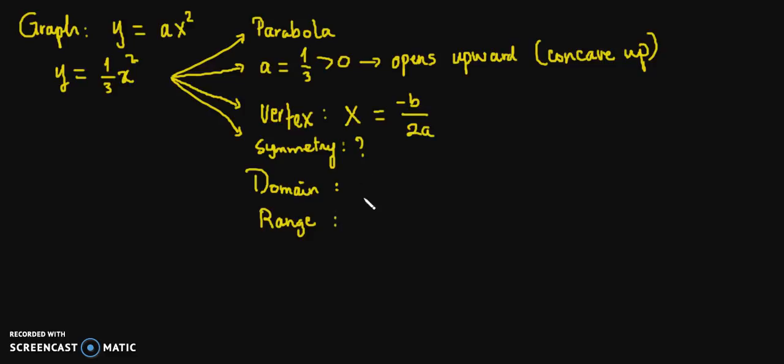Okay, so let's look at the domain here. We know that, let's sketch. Okay, all right. I think that to be more exact, we need to make a table of values.